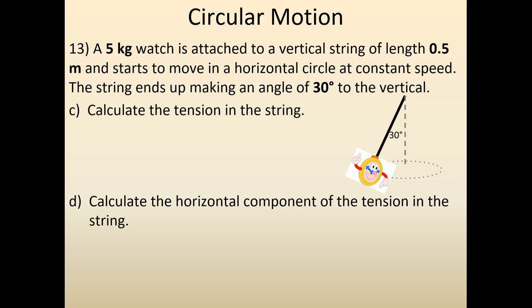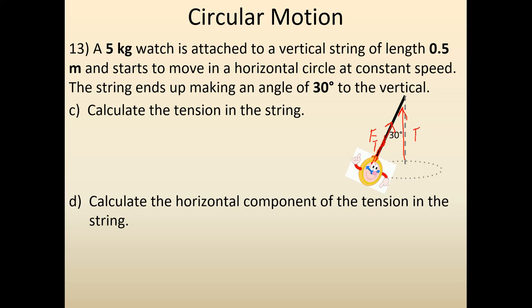All right, so part C wants to know what's the tension in the string. Now, we have to end up using our trig functions. So once again, I'm going to try to draw this a little bit. The tension in the string acts along the string. I know the vertical component of the string, so I'm going to draw my arrow right here.